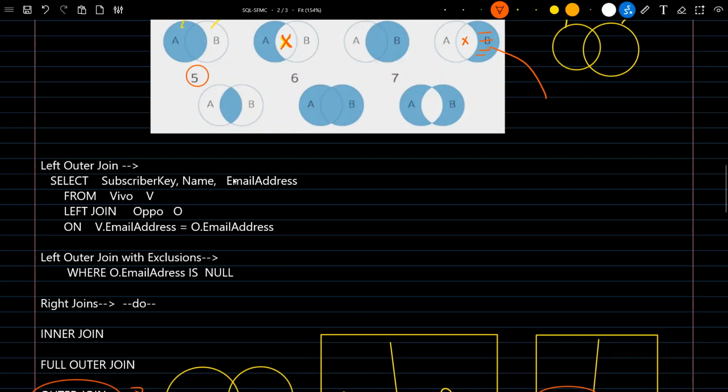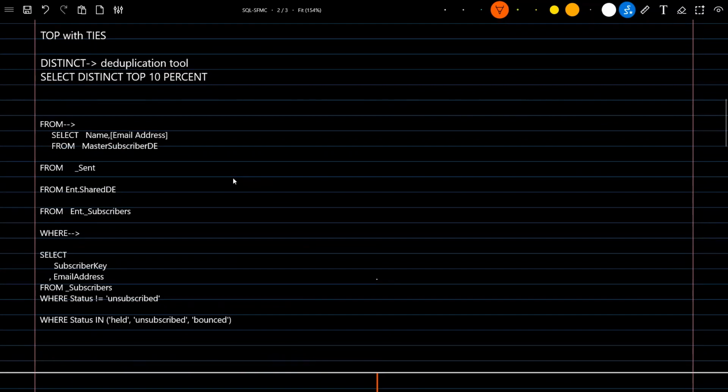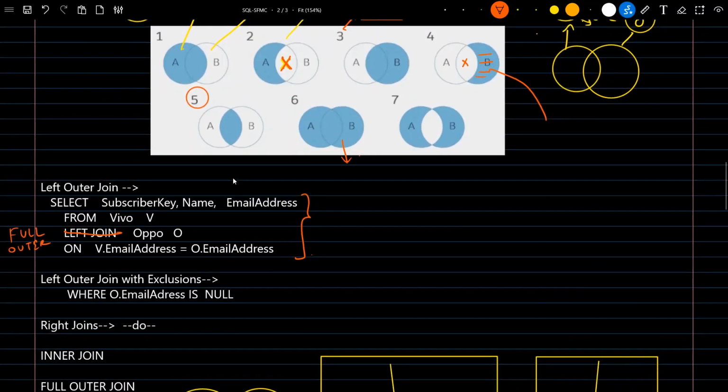So for full outer join, what is the SQL query? This is the same, and instead of left join, we will just write full outer join. There is no condition, because full outer join means it will be selecting all the elements. Now what about the outer join?